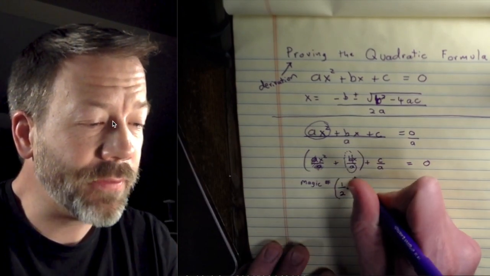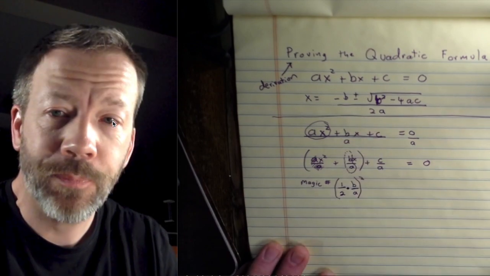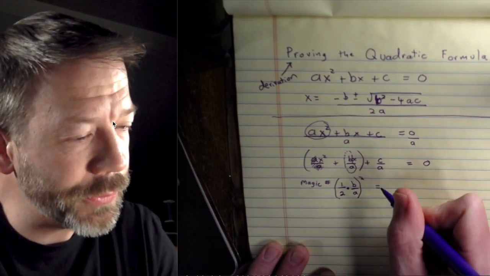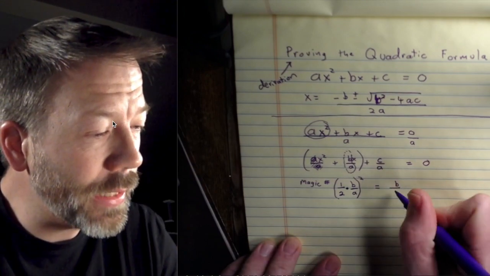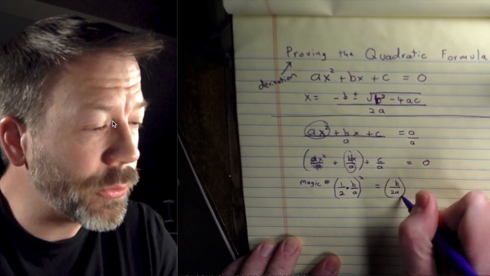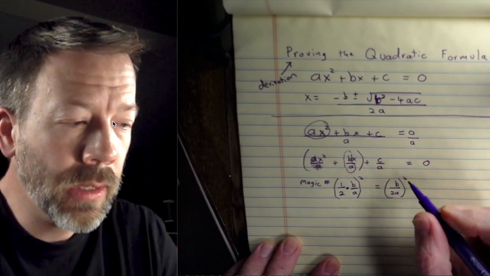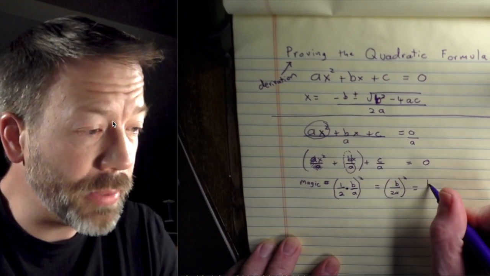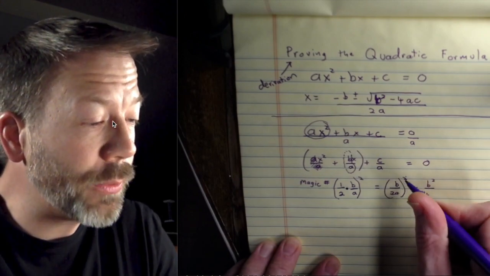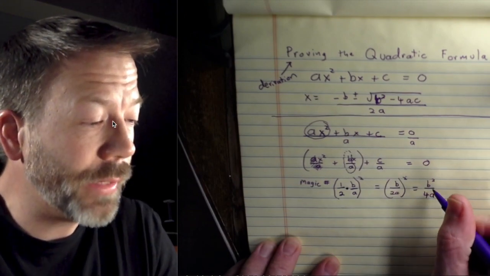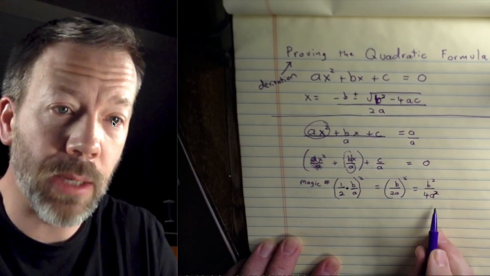After you cut it in half, then we're supposed to square it. And that is going to turn into 1 times b is b, 2 times a is going to be 2a, and still with a square on it. b, when you square it, becomes b squared. 2 squared is going to be 4, and a, when you square it, is just a squared. And this right here is going to be our magic number.